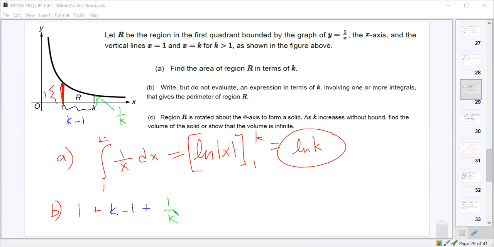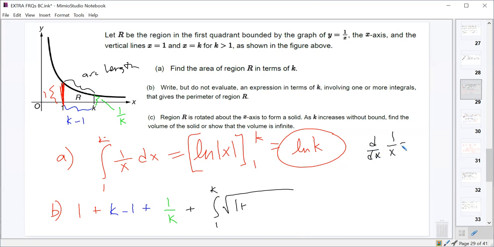And then plus this piece right here, which is our arc length formula that we need to be able to set up. So what does our arc length formula say? It says we just need to do the integral from 1 to k of the square root of 1 plus the derivative squared. What's our derivative of 1 over x? Should be negative 1 over x squared.